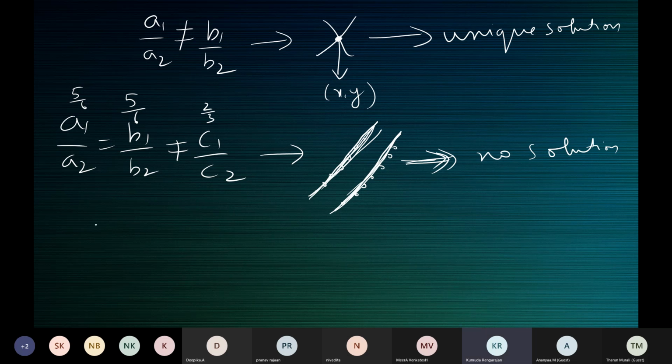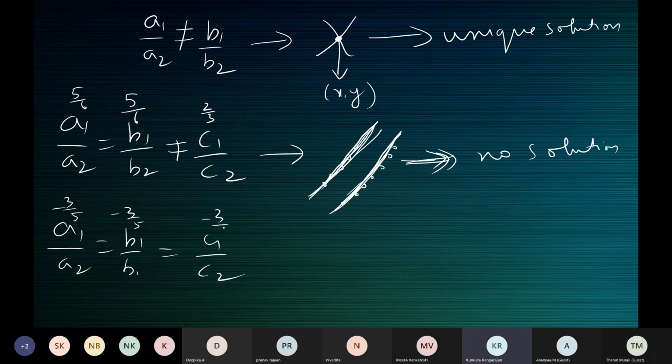Intersecting lines, unique solution. And if A1 by A2 is equal to B1 by B2 is equal to C1 by C2, if all three ratios are equal, say this is 3 by 5, this is 3 by 5, and it can be minus also, this is also minus 3 by 5, then the two lines are coincident.